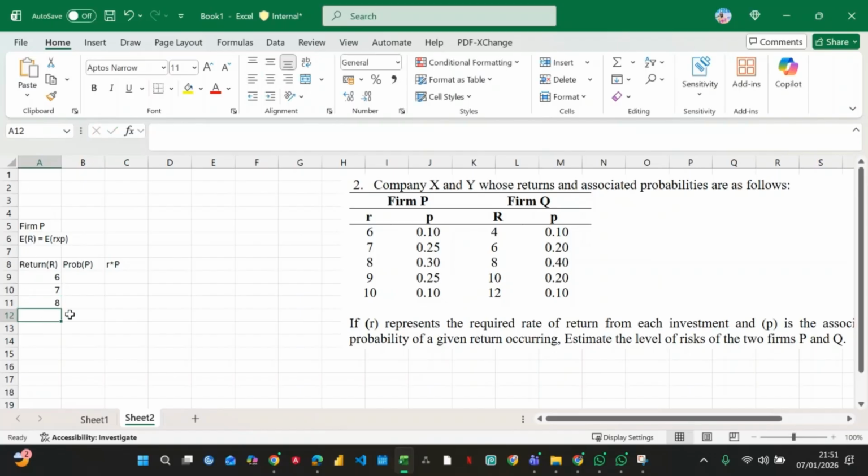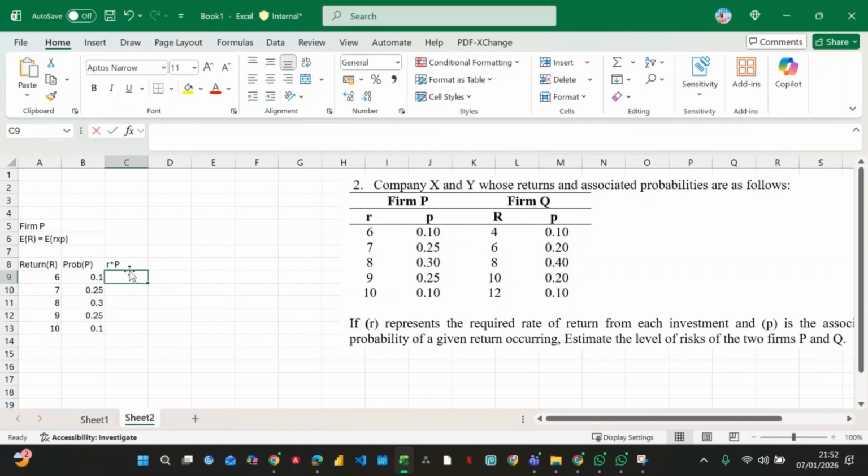You're just bringing these from the other table. Then for the probabilities, we have 0.10, 0.25, 0.3, 0.25, and 0.1. So this is it.